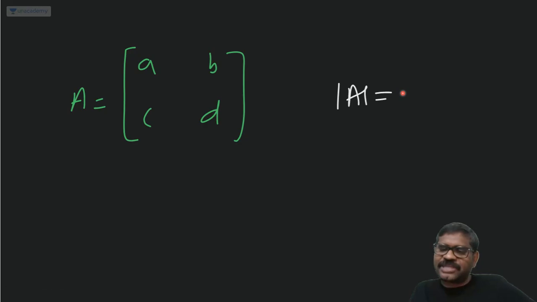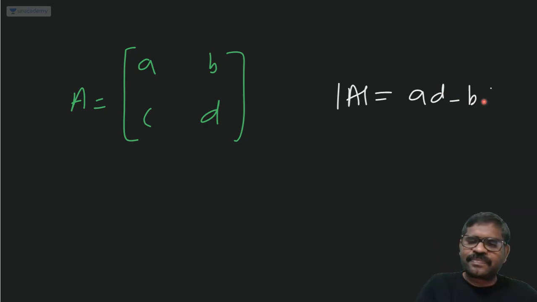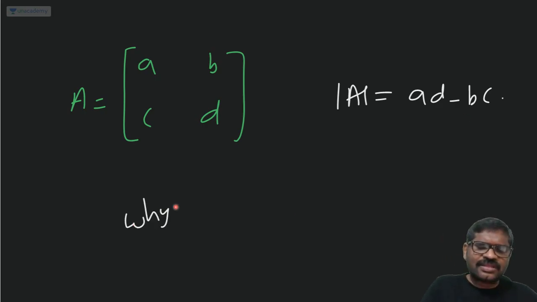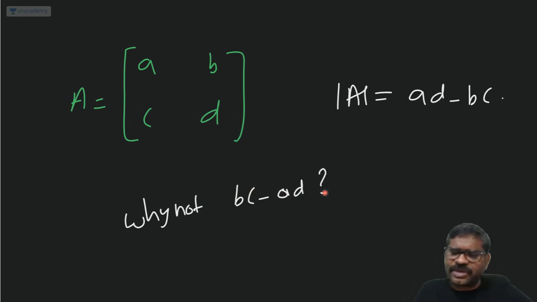Det A means determinant. AD minus BC. Why not BC minus AD? Is there any logic? Why only AD minus BC?